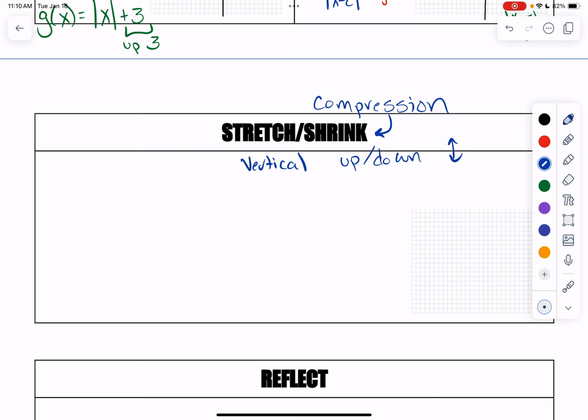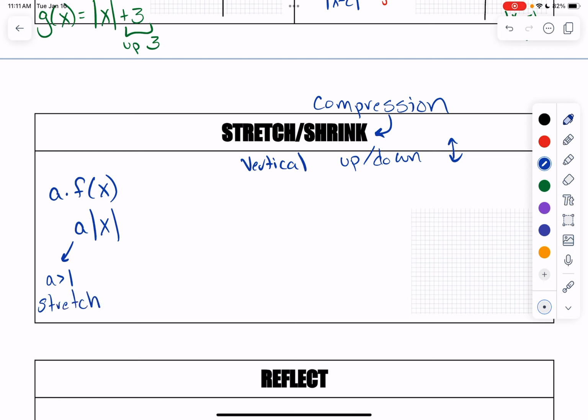So to stretch or shrink, we take our function and we multiply out front times something. We use the letter A times f of x, which, if our parent is the absolute value, would be A times the absolute value of x. Now, if A is bigger than 1, it's going to stretch.